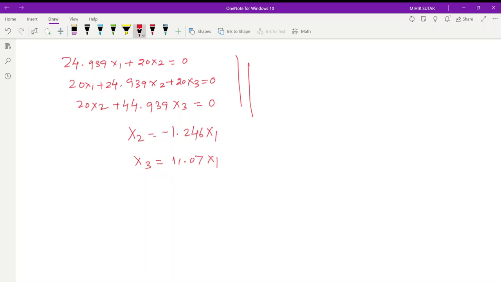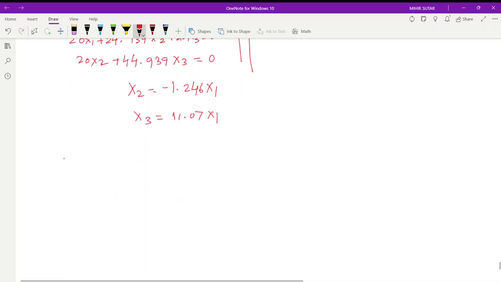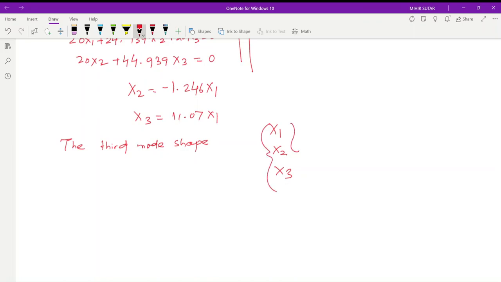So the third mode shape, that is x1 x2 x3, will be 1, minus 1.246, 11.07.